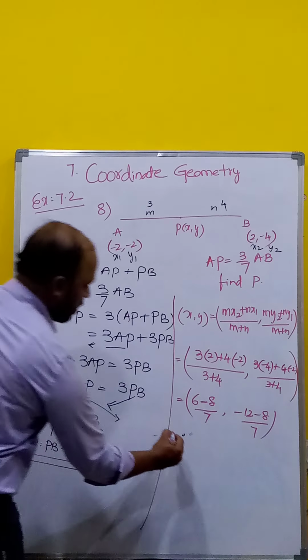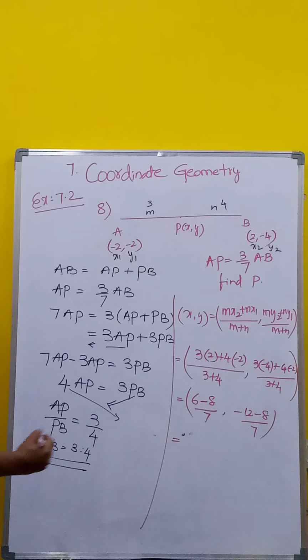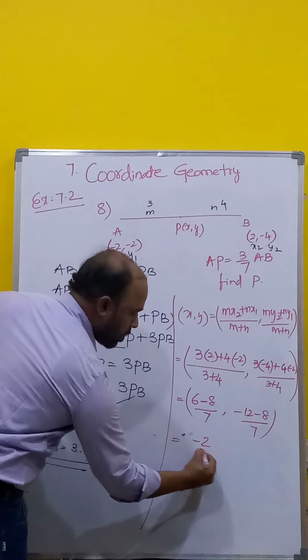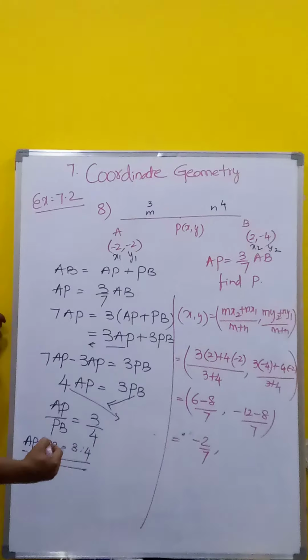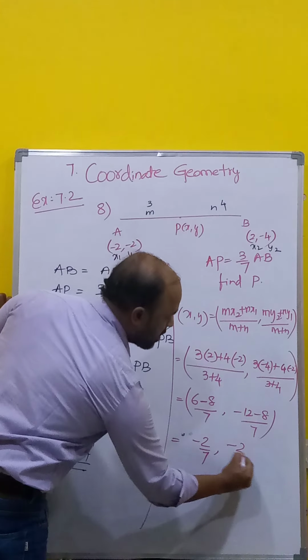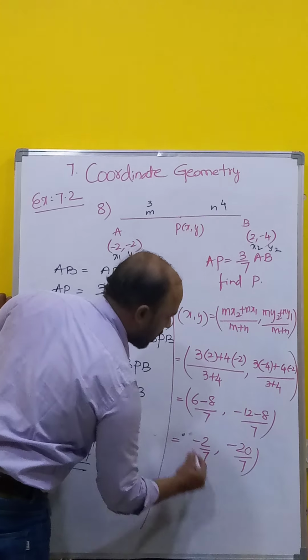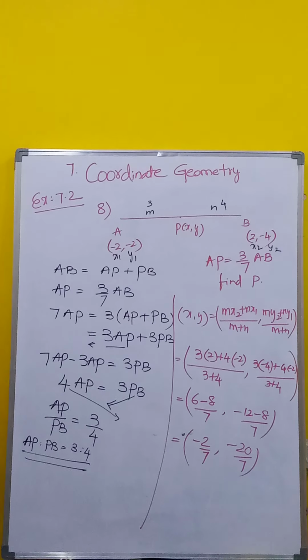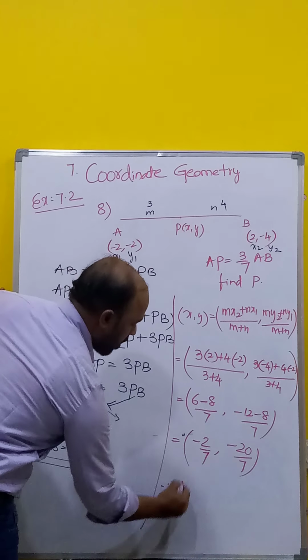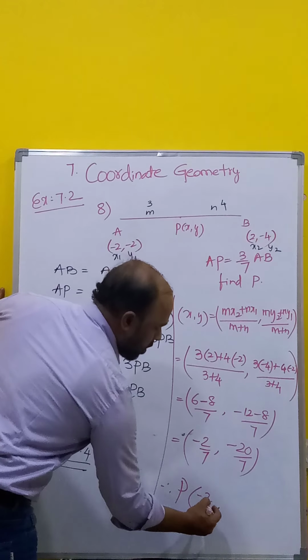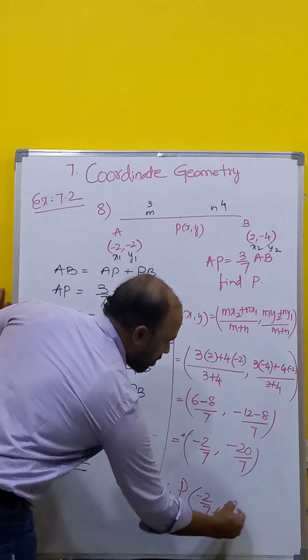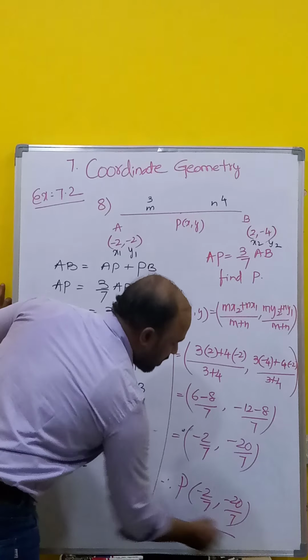Now 6 minus 8 is minus 2 by 7 and minus 12 minus 8 is minus 20 by 7. Now what are the coordinates? The question asks: find the coordinates of P. Therefore the coordinates of P are minus 2 by 7 and minus 20 by 7. This is the answer.